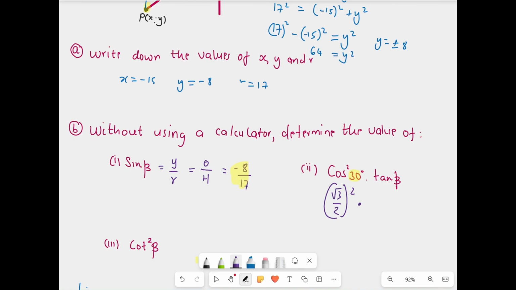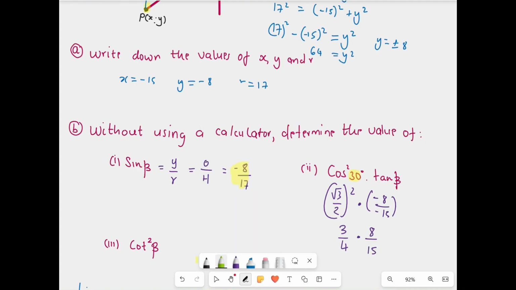Multiply by, what is tan beta? Remember the definition of tan. It is opposite over adjacent, or y over x. So now what is our y here? Our y is negative 8 over, what is our x? Our x is negative 15. So this is the same as 3 over 4 multiplied by 8 over 15.